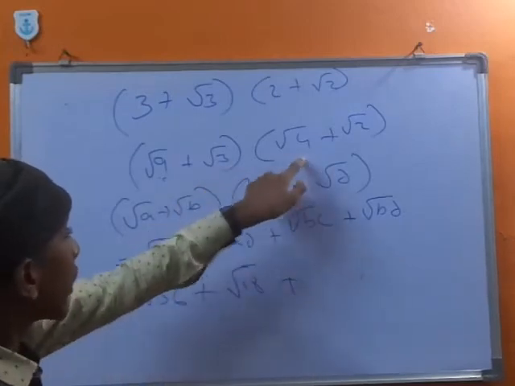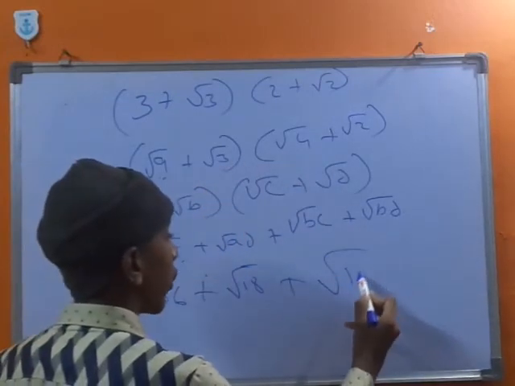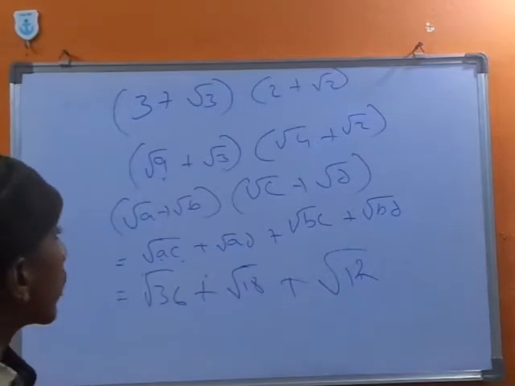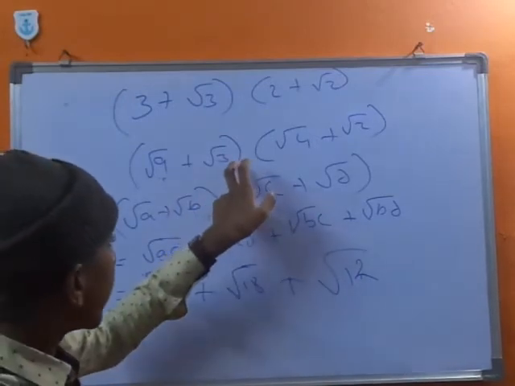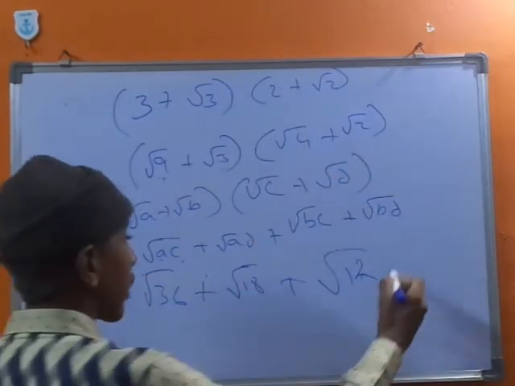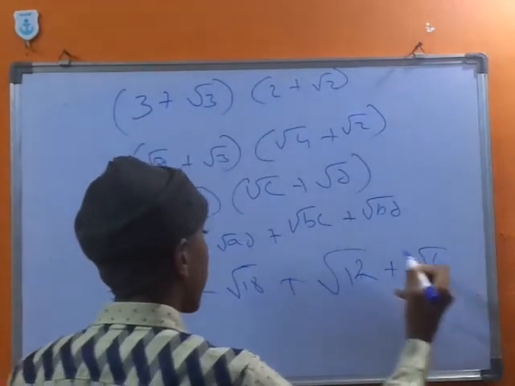This is b and this is c. So root 12 and bd. 3 twos are 6, plus root 6.